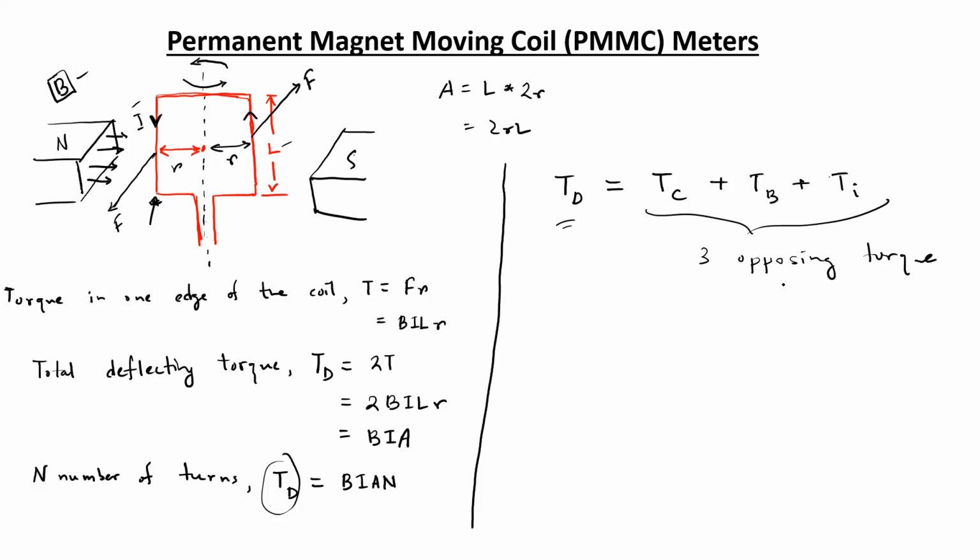Now, among the three opposing torques, TC is representing the controlling torque, as it is normally known, TB is the damping torque, and Ti is the inertial torque.